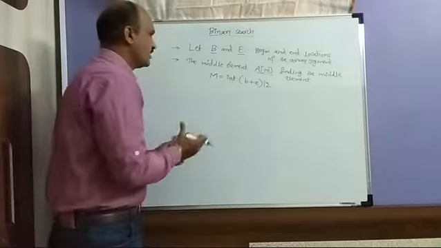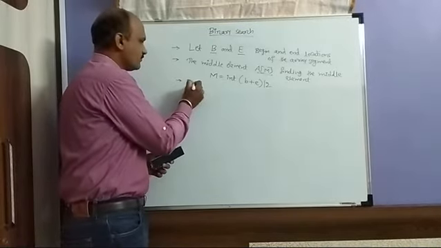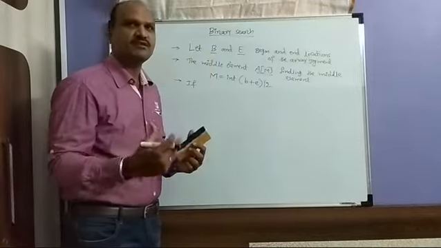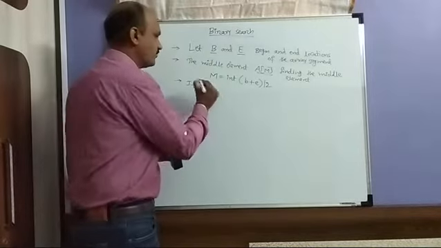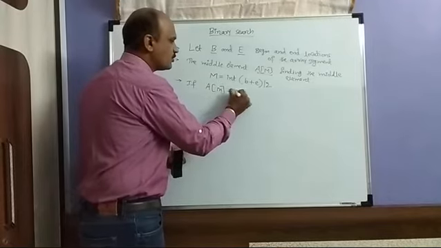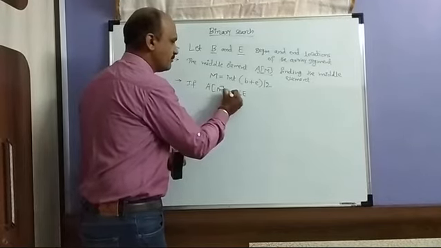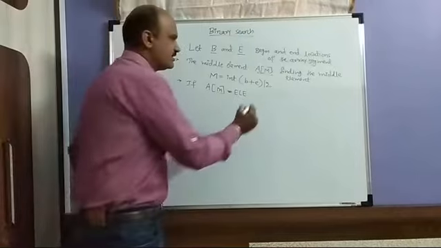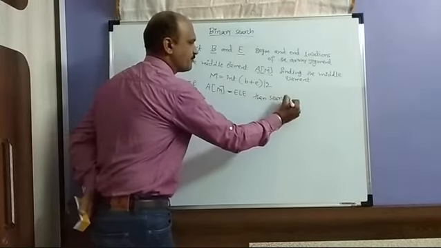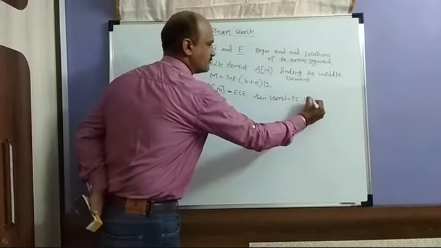Then, as I told you, if the middle element and your searching element are the same, that is A of M is equal to your element, then automatically the search is successful.